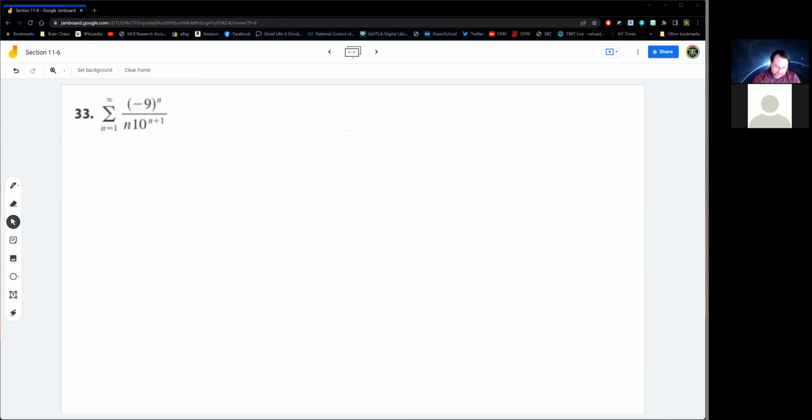Is there a way to format this one so that a huge chunk of it is raised to the nth power? You could, except that n kind of screws it up. That n is the piece that messes it all up, because it's not raised to any power.